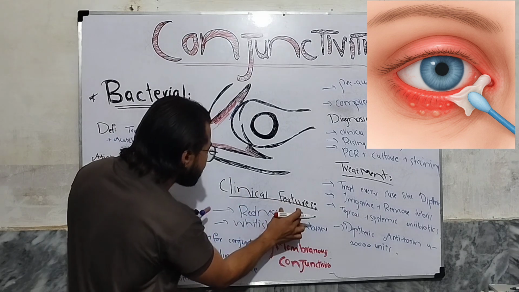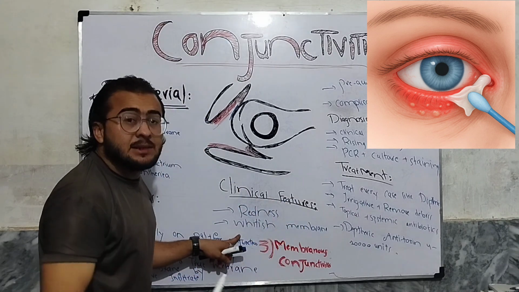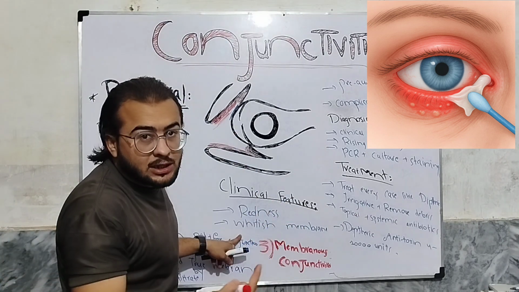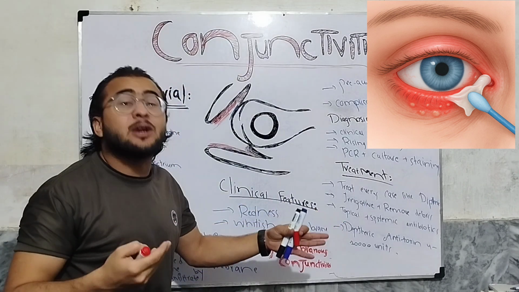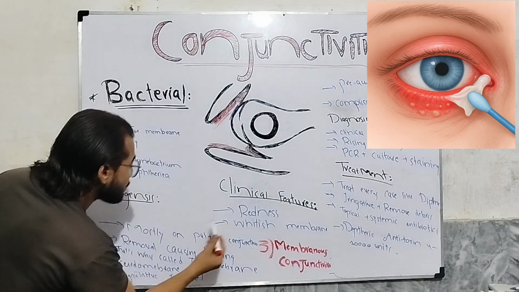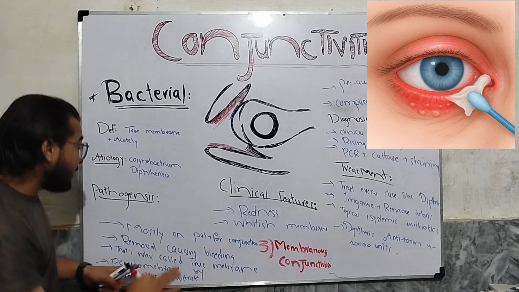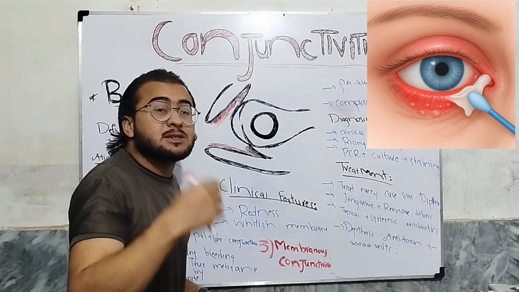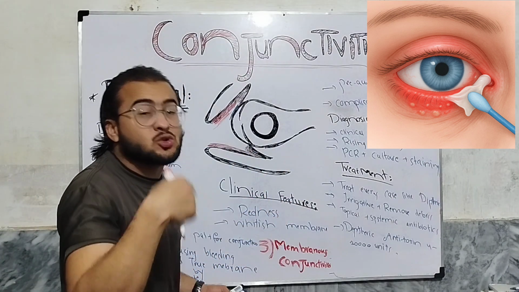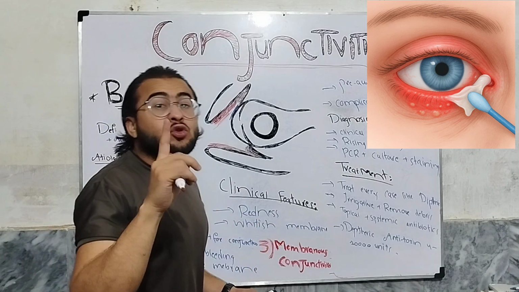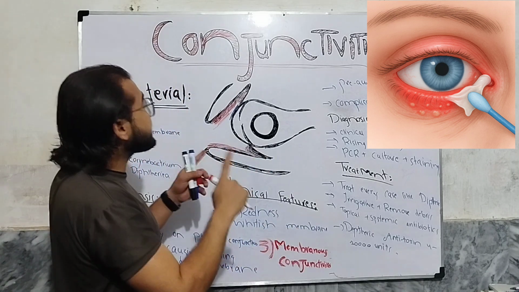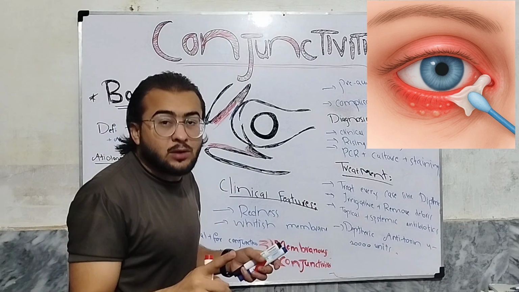The clinical features are redness and a membrane on the conjunctiva, which is a true membrane. When we try to peel it off, it causes bleeding, which is why it is called a true membrane. In contrast, a pseudomembrane is caused by coagulative exudate.